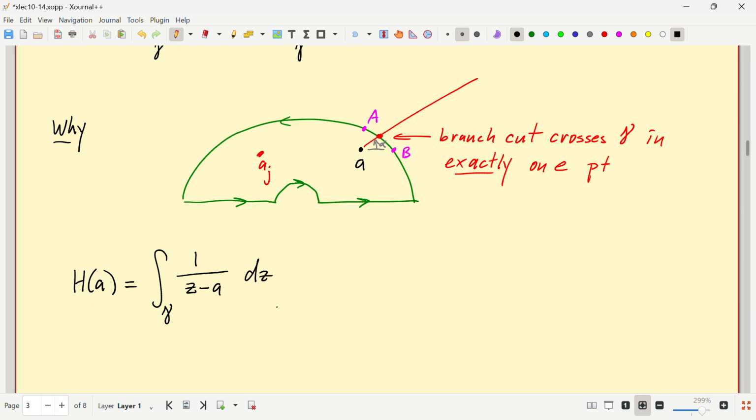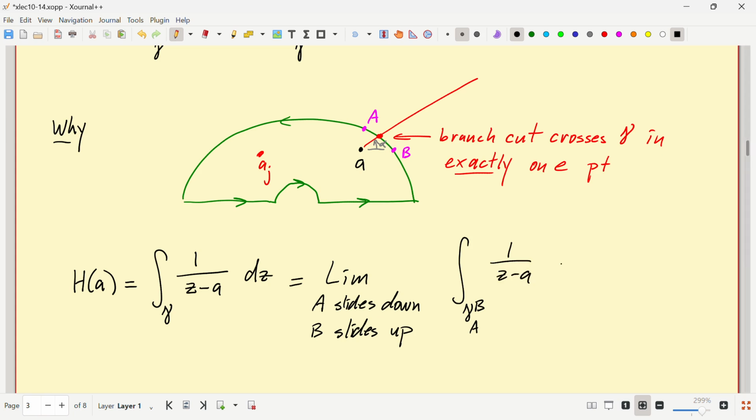And that's equal to the limit as A slides down and B slides up of the integral, I'll take the curve that starts at A and goes around gamma and ends at B. So that's going to be the curve that starts at A and ends at B of 1 over z minus A dz.